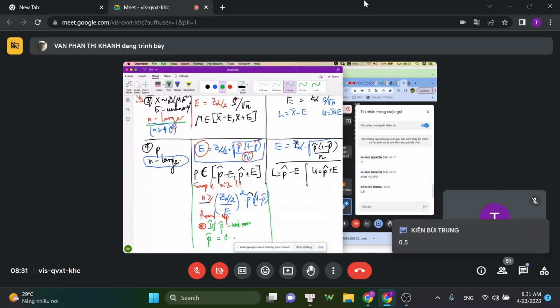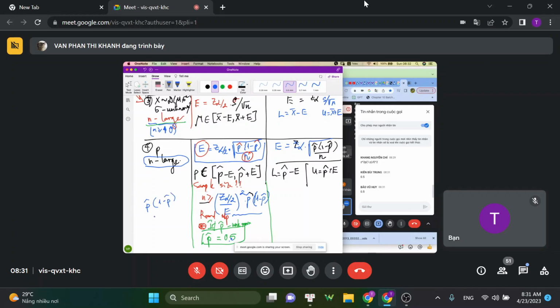Yes, it's 0.5. Of course, in this case the sample size will be much greater than this number. But if we don't know, we just choose 0.5, because we haven't done any experiments. You see, if you use the Cauchy inequality, p hat times 1 minus p hat is always less than or equal to p hat plus 1 minus p hat over 2, total squared, right?